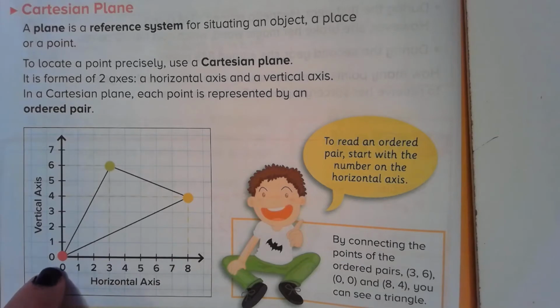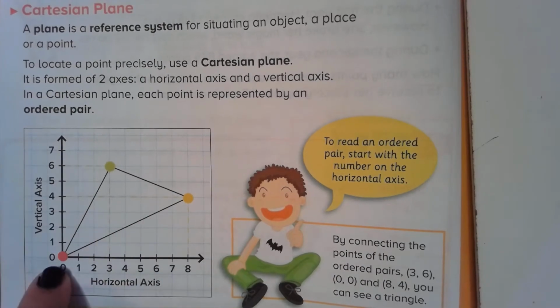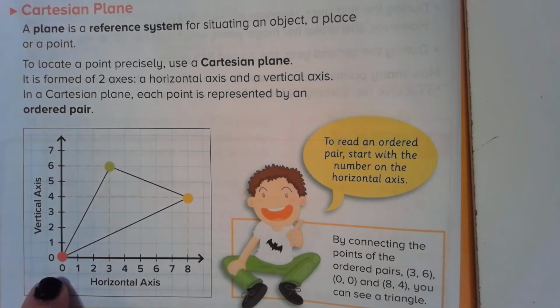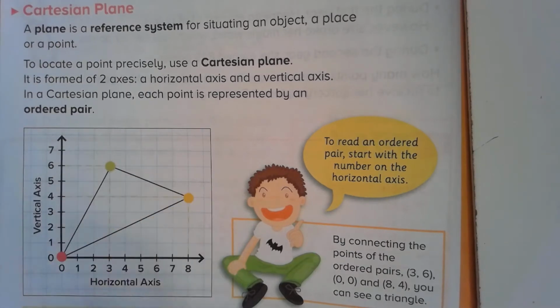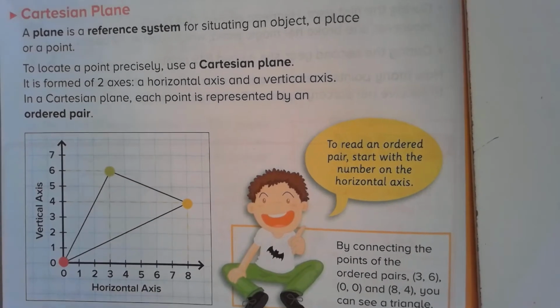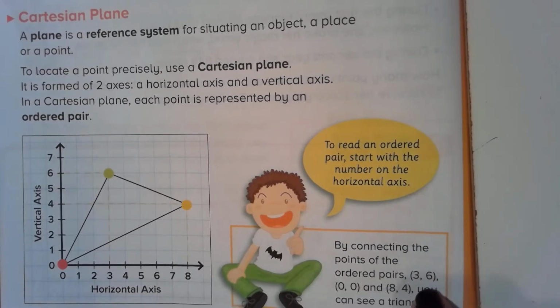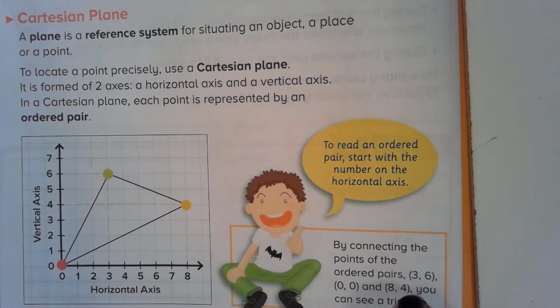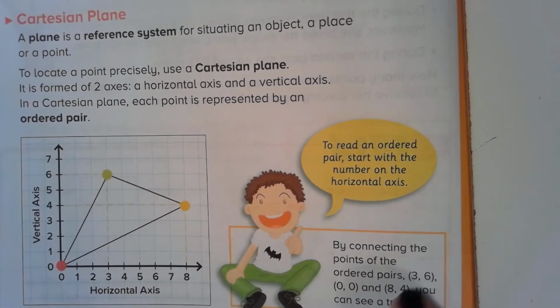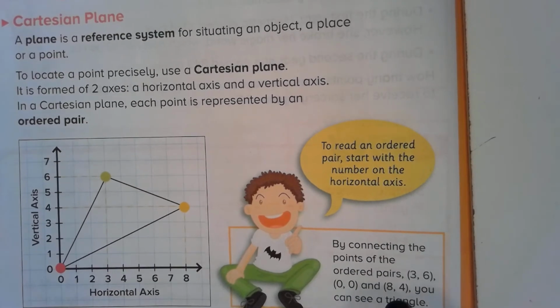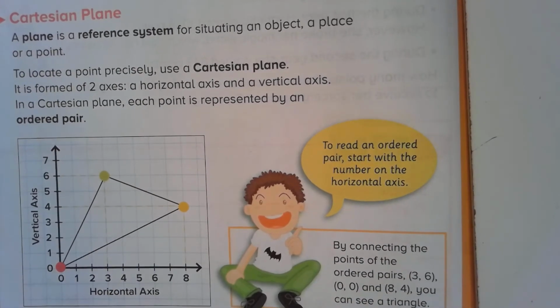And then we have a y-axis, and we call that the vertical axis. In a Cartesian plane, each point is represented by an ordered pair. Here you have three ordered pairs: (3, 6), (0, 0), and (8, 4).